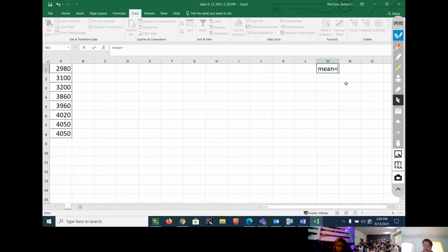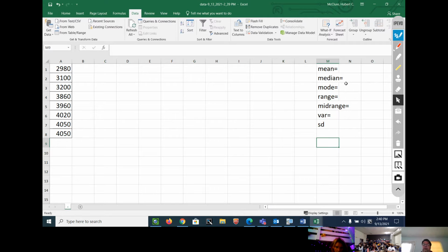Mean, median, mode, range, mid-range, variance, and standard deviation. 5-number summary.